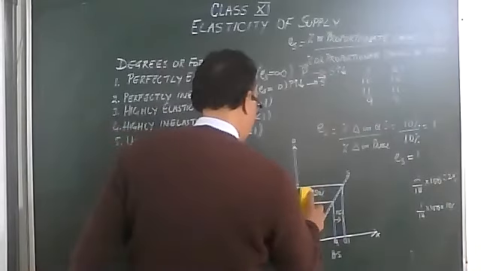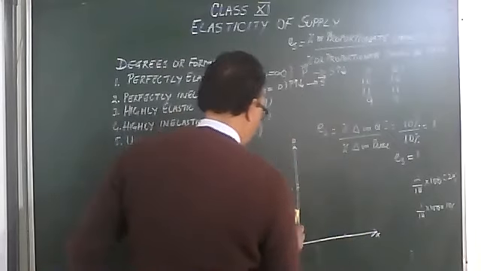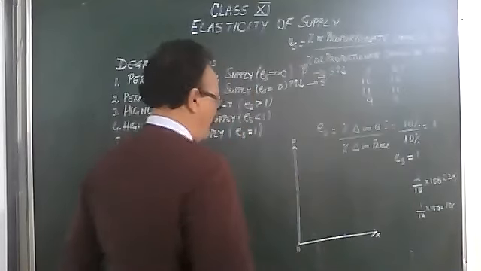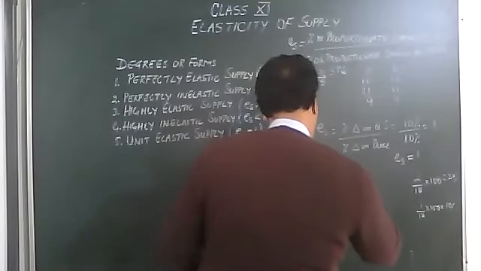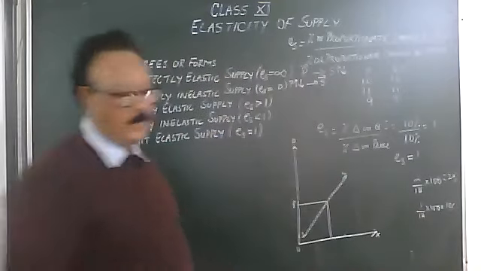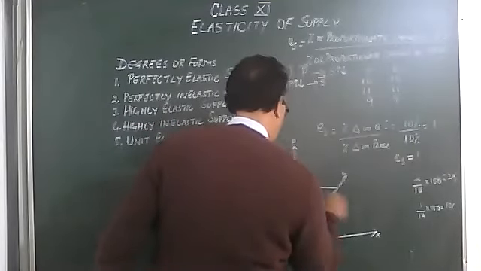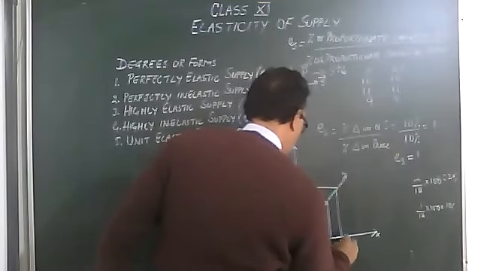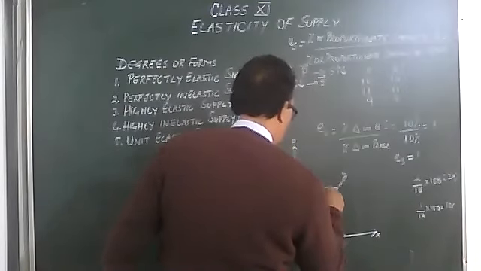The diagram in this case: the supply curve will be absolutely straight from the origin, as price increases, quantity also. This also is 10% and this is also 10%.